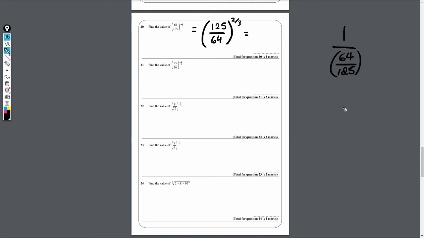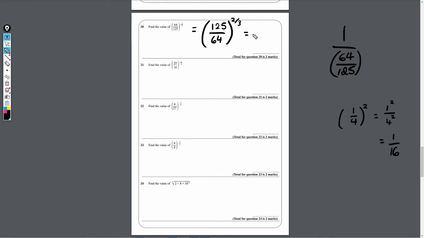Same again here, we've got to deal with this fraction now. Remember, if you've got a fraction, like we have here, and it's raised to a power, so for example, if I had 1 over 4, and I squared it, we can square the top number, and we can square the bottom number. So that's just the same as 1 squared over 4 squared, which will give you 1 over 16. The same rule applies here, even though it's a fraction.